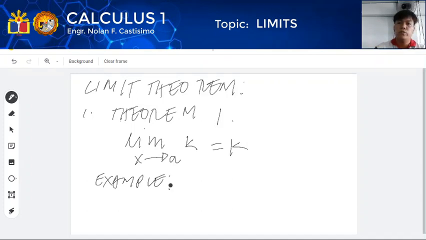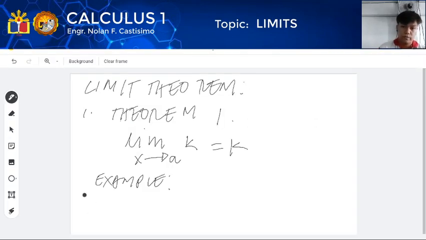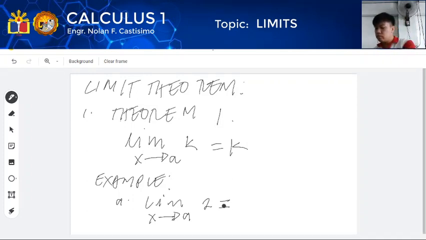Example, letter A. The limit of 2 as x approaches A is equivalent to 2. Ayan.